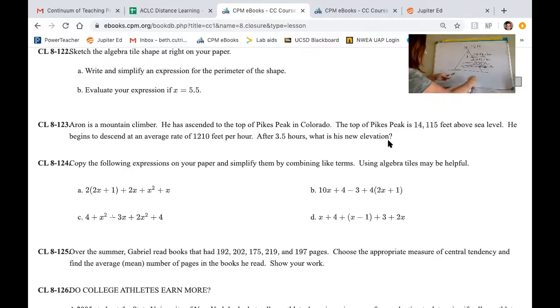So when you find out how far he's gone, let me just add these up. Well, you can find the answer, right? You guys know where to find the answer. So he's gone 4,235, and we want to find out how much he has left. So you need to subtract that, and you'll get some 9,000 something.